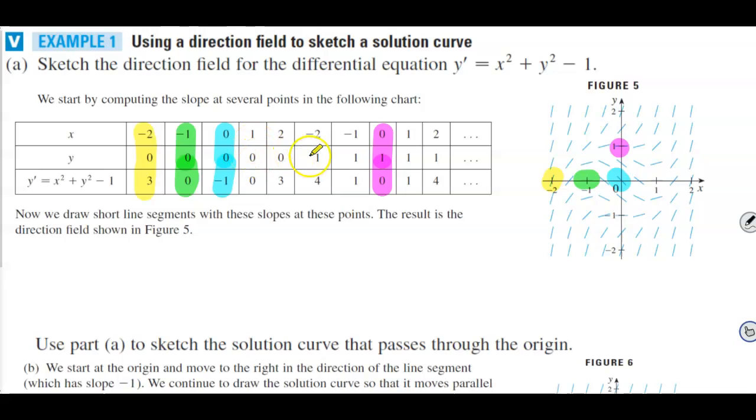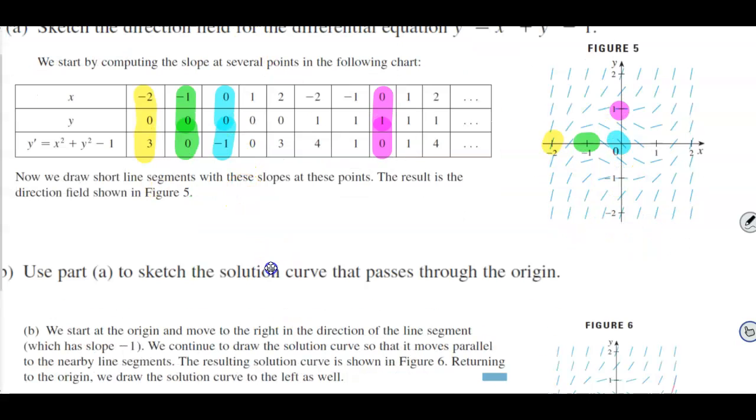So these ordered pairs are points on this direction field. Once you plug these points into the derivative function, each of those segments is going to have a slope according to the value that you get. So that's how we create a direction field.